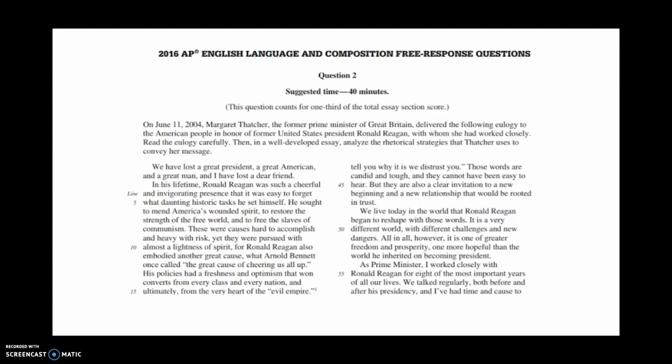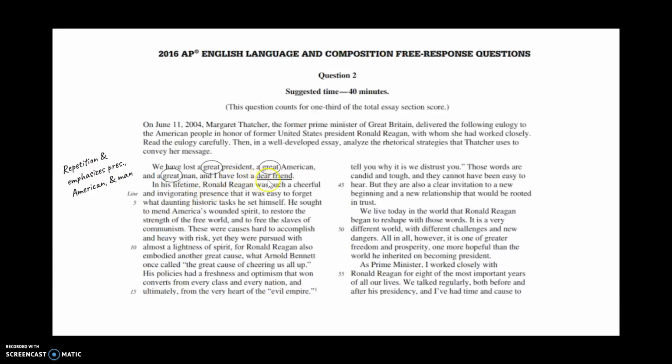Excellent. So let's go ahead and start annotating this section. What is it that you should have noticed? The first thing you may have noticed is this repetition of great. The repetition emphasizes that Ronald Reagan is a president, an American, and a man. This is a sentiment that the author is going to revisit at the end of her speech. By using this repetition, she emphasizes that he's a great many things.